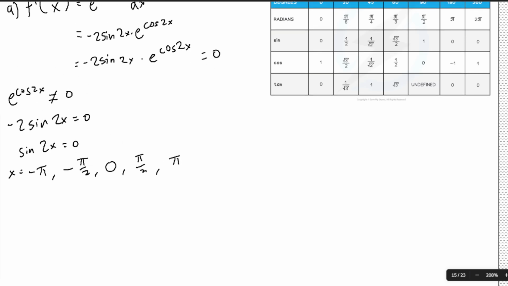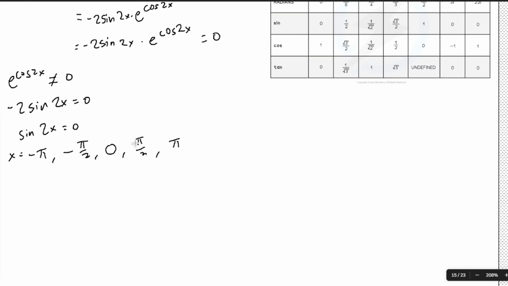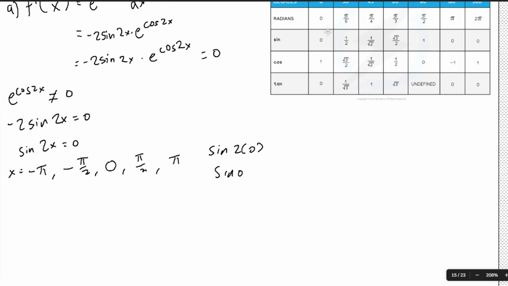And just to prove this, let's take 0 for example. Sine 2 times 0 is sine 0, in which we can see in the table sine 0 is 0, okay? And let's take pi over 2. So this would cancel out, we would have sine pi, and here sine pi is 0, okay?